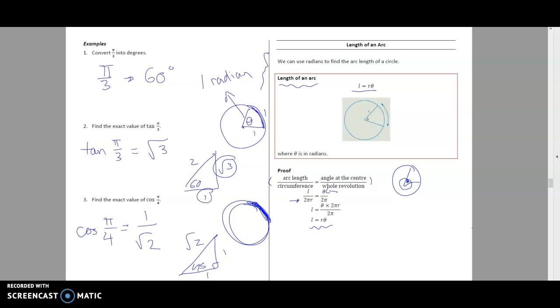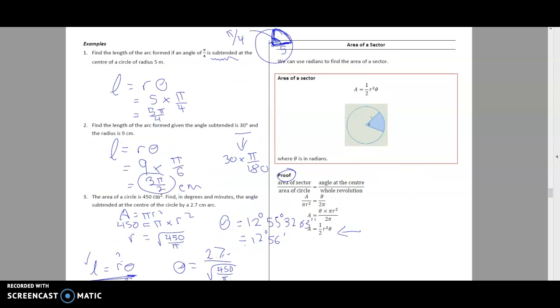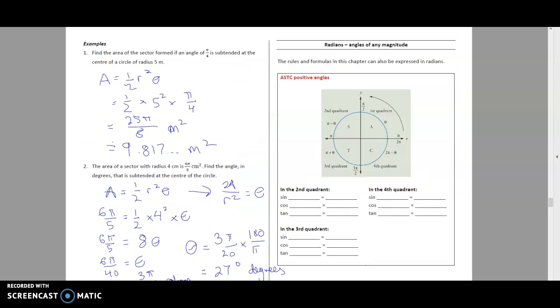Okay, we've looked at the exact values, and so for any angle measurement in radians around the unit circle we can find a value, and like working in degrees, we still apply the all stations to central rule. I was on all stations today.